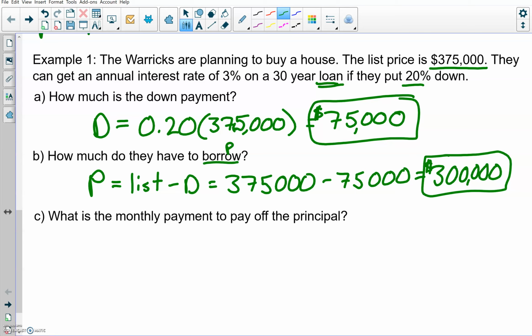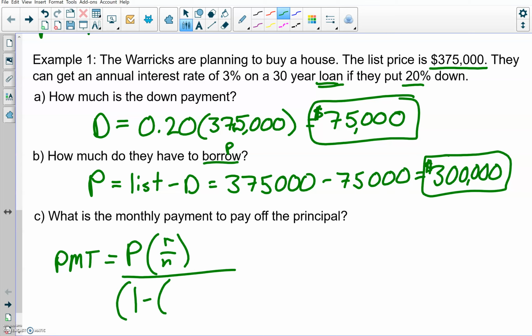But with the word loan, and no mention of simple interest, you're going to use the loan formula. So you go ahead and get that down here. PMT equals P times R over N, all over parentheses 1 minus another parentheses 1 plus R over N, and then raised to the negative N times T power.